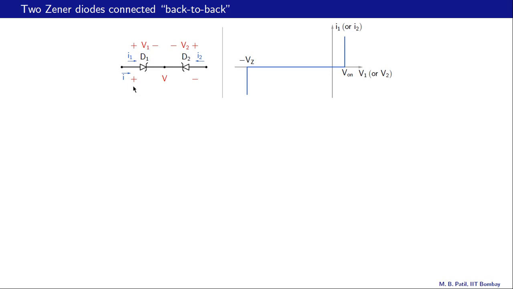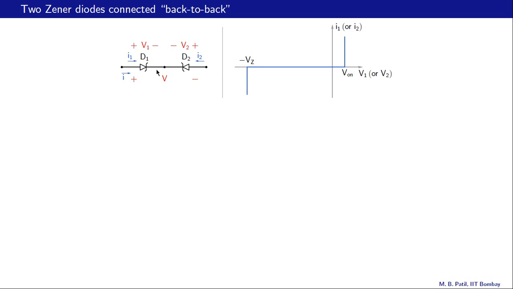Let us consider the case in which I is positive, let's say 1 milliamp. So 1 milliamp is flowing from this node to this node. And how is that possible? It is possible only if this diode conducts in the forward direction and this diode conducts in the reverse direction.